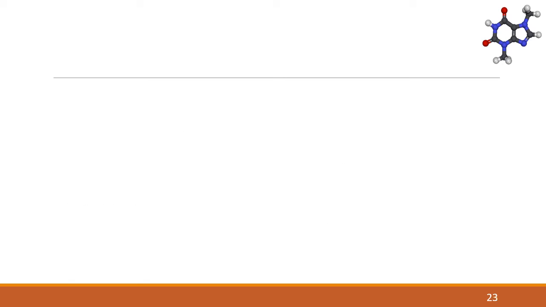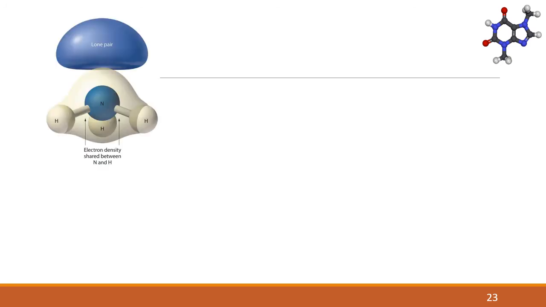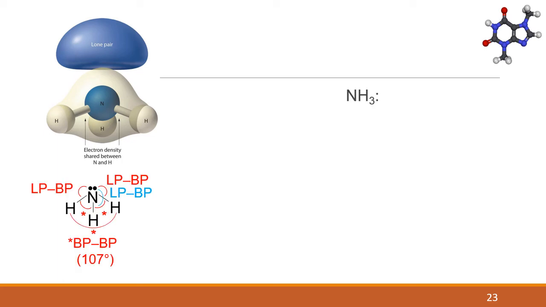Let's look at how electron-pair repulsions affect molecular geometry. Lone pair electrons tend to occupy more space in a molecule than bonding pairs. In the case of ammonia, the lone pair in nitrogen pushes the bonding pairs with hydrogen away. Let's determine what type of electron-pair interactions there are in this molecule.